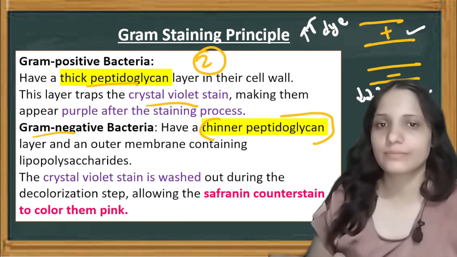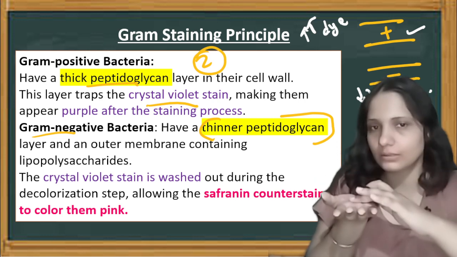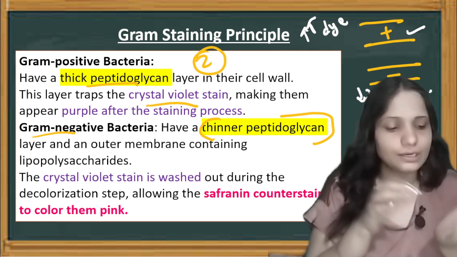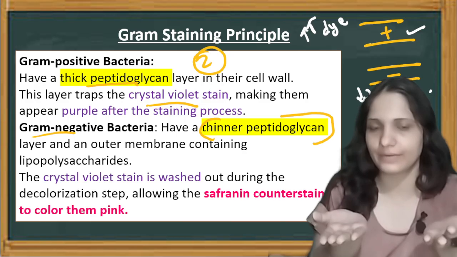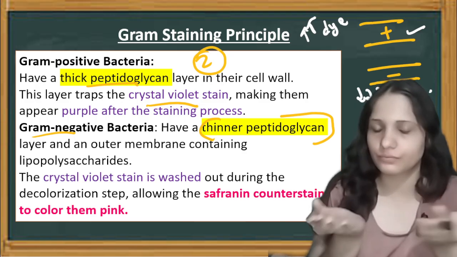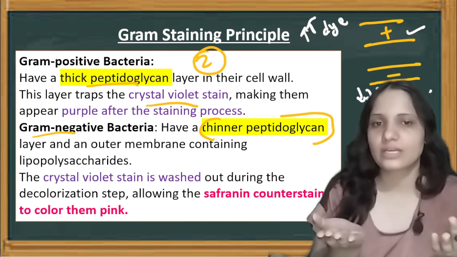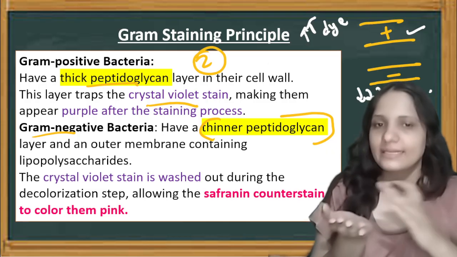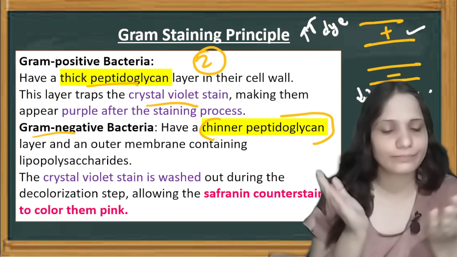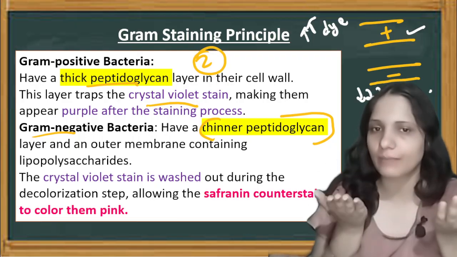Now just answer me. Here we have one slide and here we have a second slide. On both slides we have applied the primary stain, crystal violet. Let's say here I have gram positive bacteria and here I have gram negative bacteria.